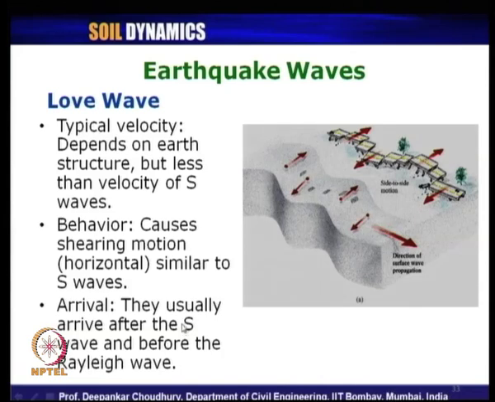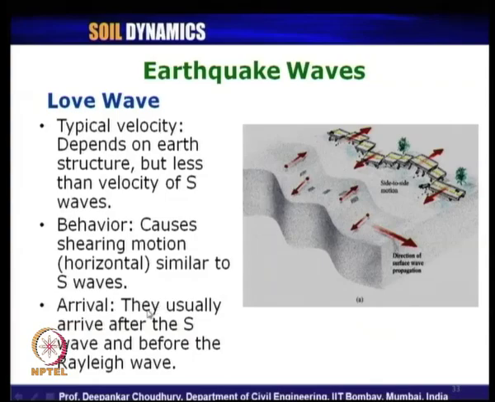So, the first one in the seismogram is the P wave, the second one is the S wave, the third one is the Love wave, and the last one is the Rayleigh wave, in the order they appear in the seismogram. Depending on the velocities of the shear wave, Love wave and Rayleigh wave, there is hardly any difference in the time between their recordings in the seismogram.